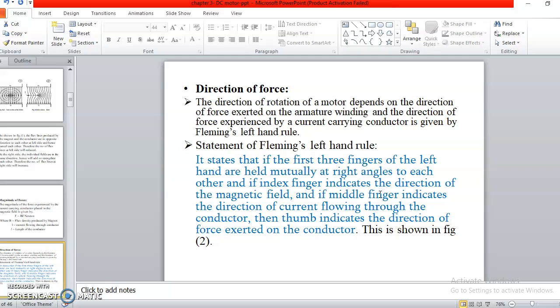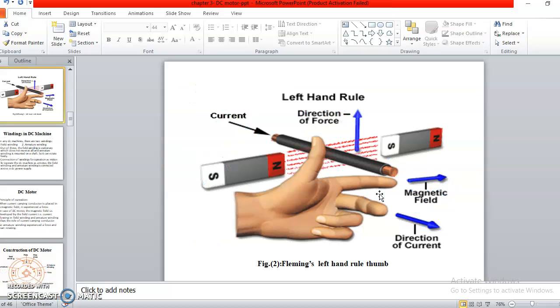What does it state? It states that if the first three fingers of the left hand are held mutually at right angles to each other, and if the index finger indicates the direction of magnetic field, and the middle finger indicates the direction of current flowing through the conductor, then the thumb indicates the direction of force exerted on that conductor. This can be shown in the next figure.